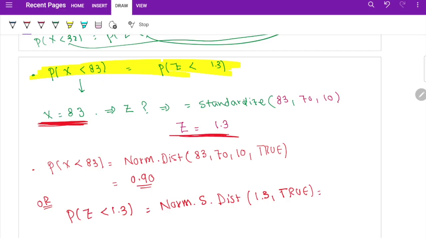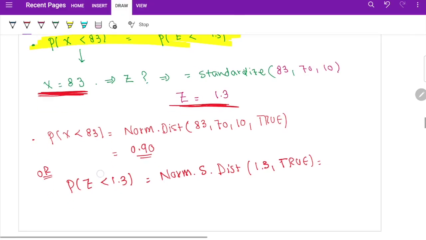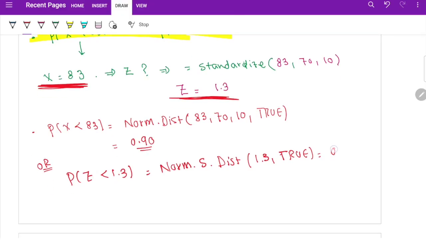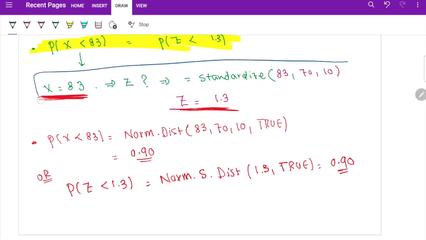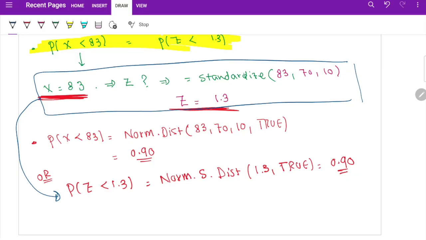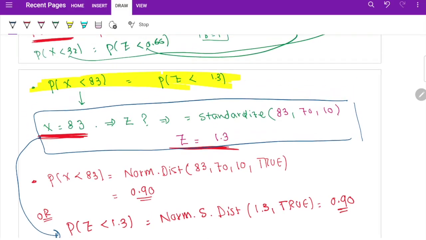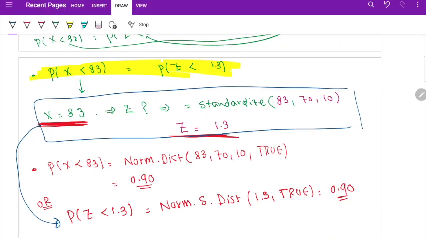What do you expect to get? Same answer, about 90%. So either you use this one or that one, it is the same. But the first method is faster because you don't need to standardize. Here, first we standardized the x, then we found that one, right?